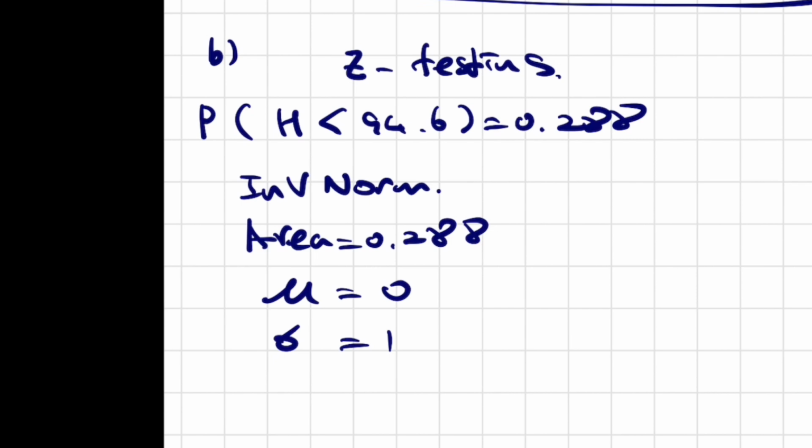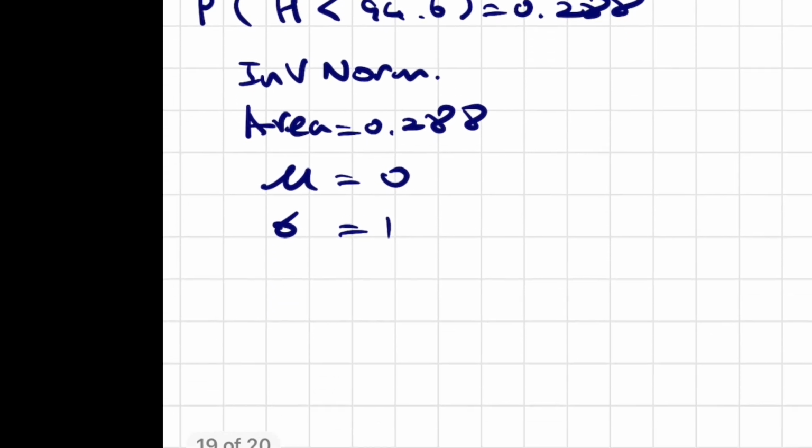So we're going to do P of H less than 98.1 equals 1 minus 0.434, which is equal to 0.591. Then we can say that the area is equal to 0.591, mean is equal to 0, and the standard deviation is equal to 1.